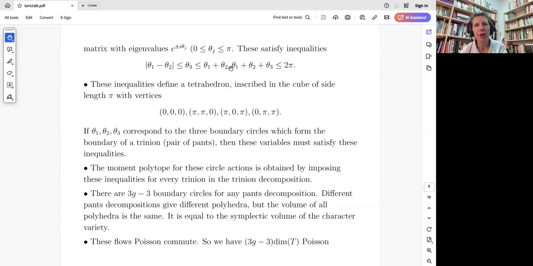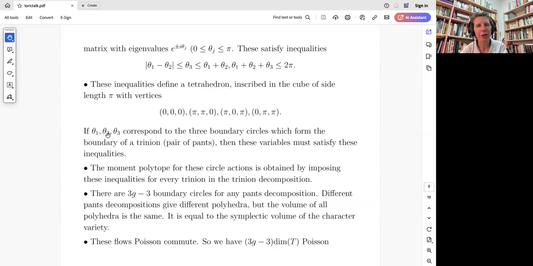These turn out to satisfy this collection of inequalities. There are 4 inequalities, and they define a tetrahedron inscribed in the cube of side length pi, with these 4 vertices.